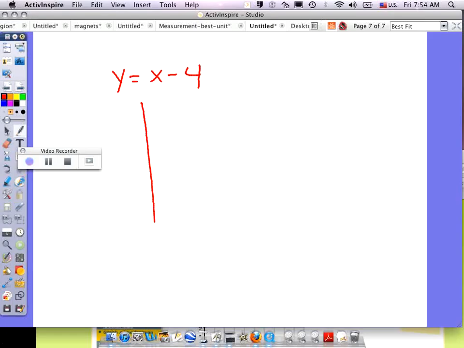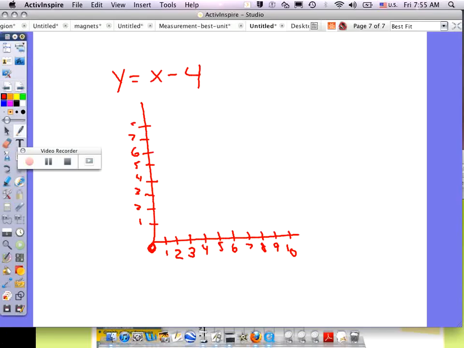How do we graph that? Our origin is 0, then 1, 2, 3, 4, 5, 6, 7, 8, 9, 10, and the same going the other way.